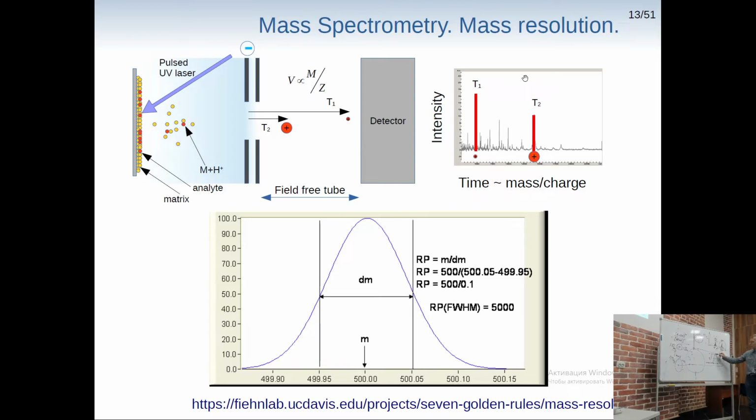For instance, we can take the whole height of this peak, take half of it, and at the half of this peak, get the numbers here, from what number to what number in m over z, Daltons or whatever, this peak actually covers. For instance, here we have quite a good resolution. As you can see, there is almost 500, and the resolving power of this mass spectrometer can be easily calculated using this formula, and as you can see, it's quite high.